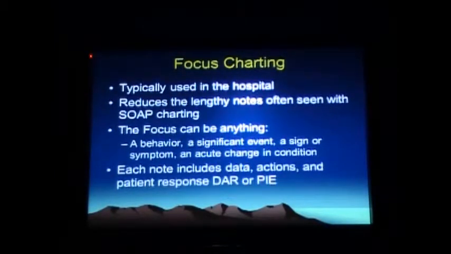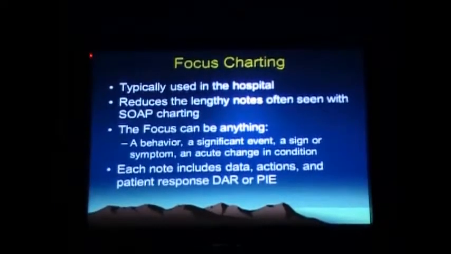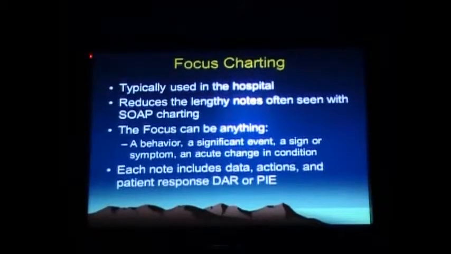When you talk about the DAR and PIE, again, probably principally from hospital charting systems, DAR is data, action, and response, or evaluation. If you see DEA as a charting type, that's what they're talking about. PIE is problem, intervention, and evaluation. Call it what you want.